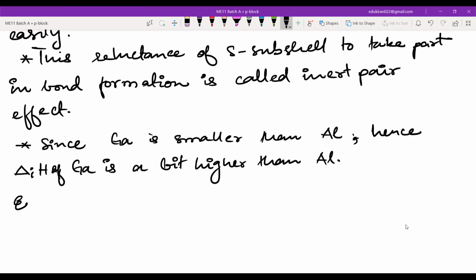So again, the expected order of ionization enthalpy was that boron should have the highest, followed by aluminium, gallium, indium, and then thallium, which we will not consider because thallium is a metal.